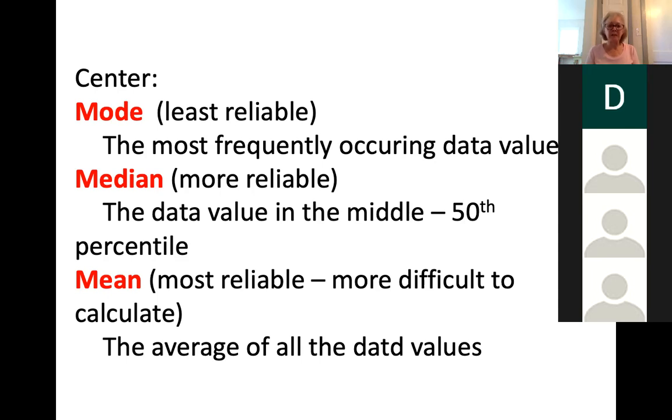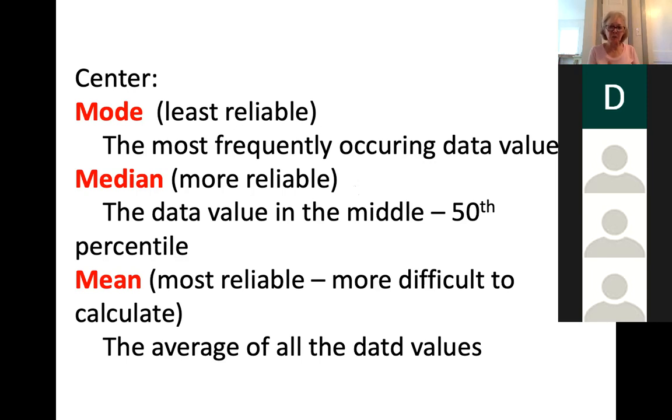That's not very reliable, because if I gave the exam again to a different group of people, 87 might have been the mode, or 92 might have been the mode. The mode varies a lot from sample to sample. It's convenient, but it's not reliable. The median: you organize the data values from smallest to largest.